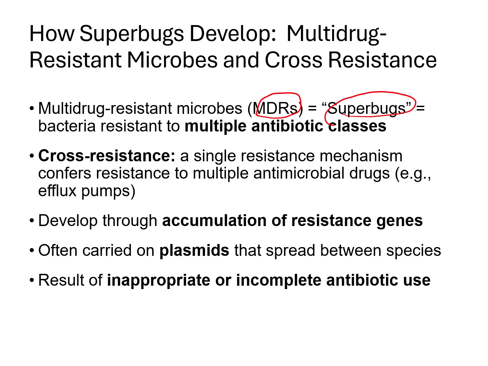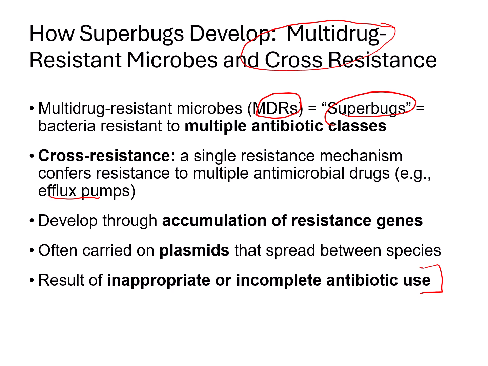Sometimes a single mechanism, like an efflux pump, can cause cross-resistance to many drugs, because as I mentioned earlier, efflux pumps are generally not specific, they pump all of them out. What can also contribute to multi-drug resistance is incomplete prescriptions. So let's say you take 5 days of a medication instead of 10 days.